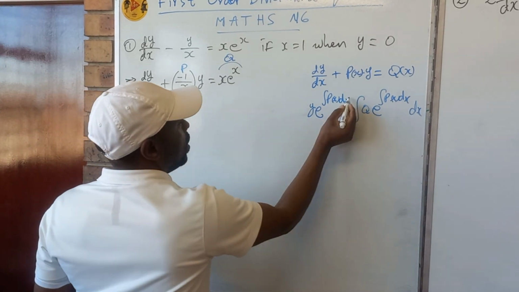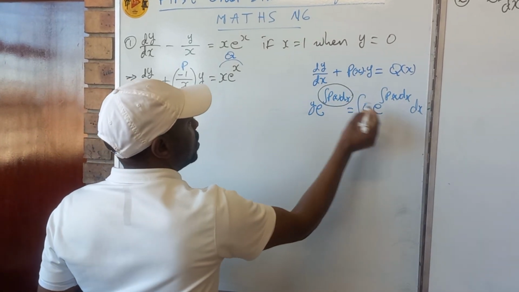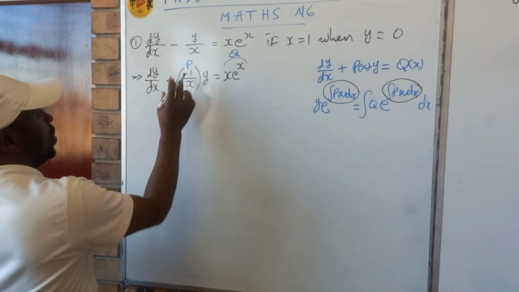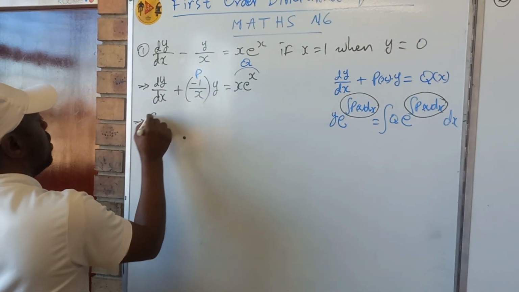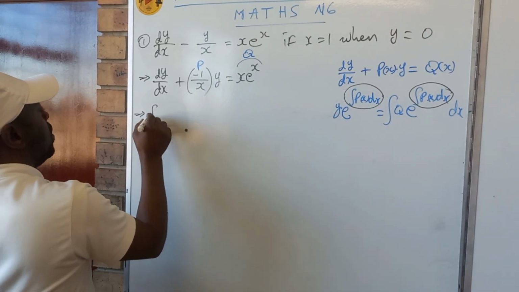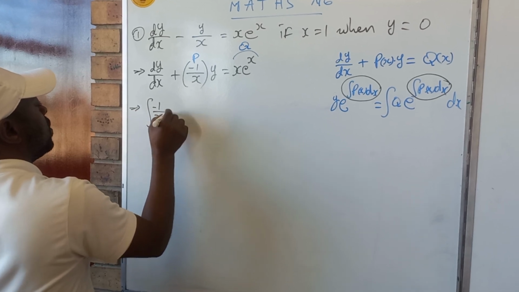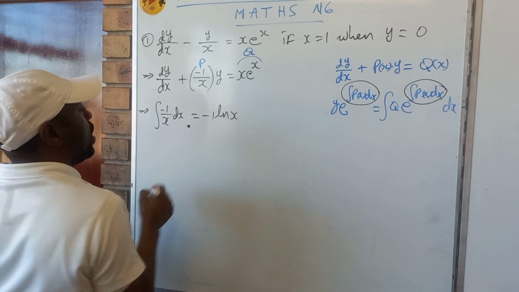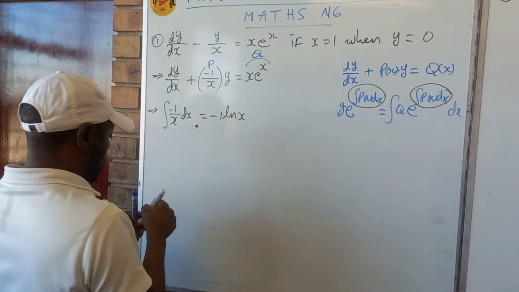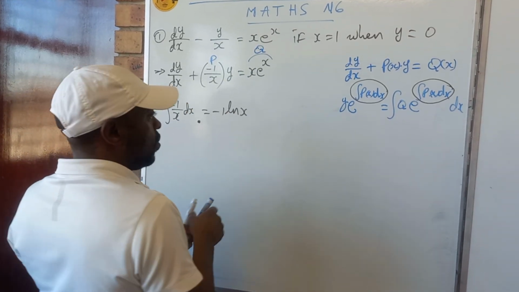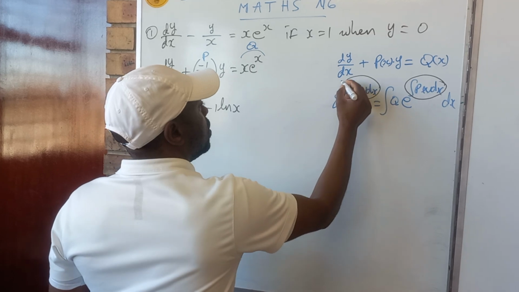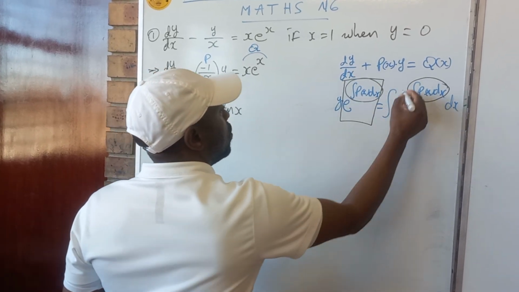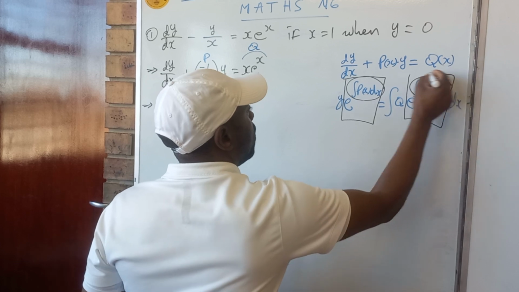So this one, I like doing it in bits, so I will do this portion first, which appears on both sides. That means I've picked my p already, so I'll get the integral of negative 1 over x dx, which obviously is negative 1 ln x. So it means I'm done with that black circle. Then I'll go to the other part, which I'll put in a rectangle, so it also appears on both sides of the formula.